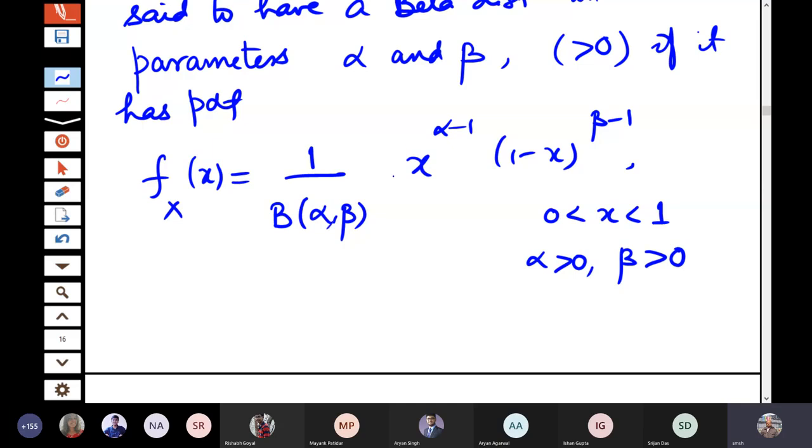So you can easily see that the integral of this is nothing but B(alpha, beta), so it will cancel out and you will get 1. As I mentioned to you, the form is given because of that.